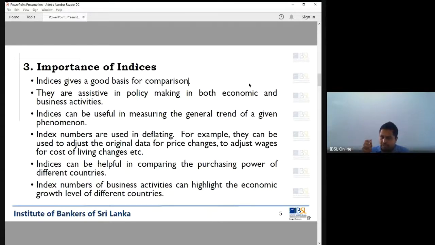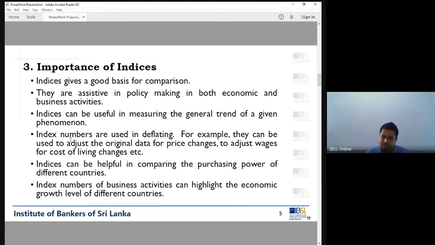For the human brain, it's pretty complicated to understand that hundred and some change on 20,000. Rather, if it's presented as a 3% surge or a 5% dip, it's very easy to understand for policymaking in many domains, especially in economic and finance numbers.